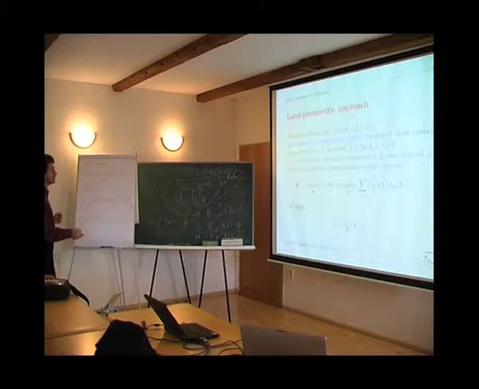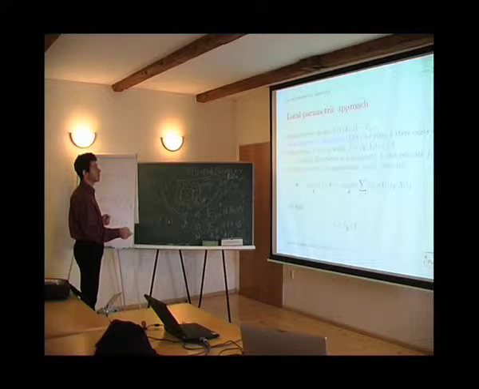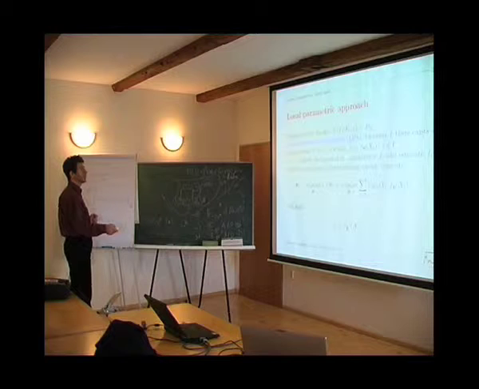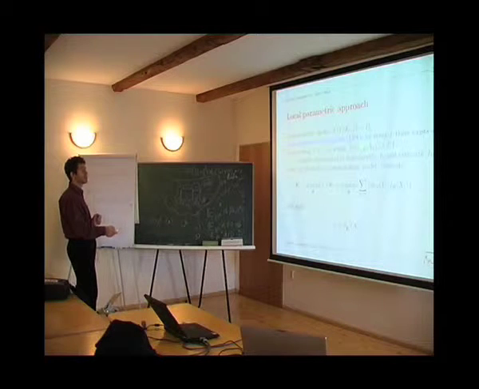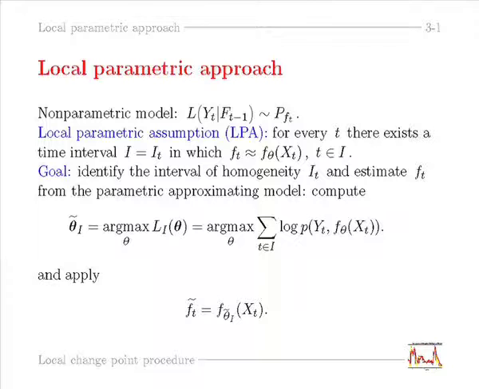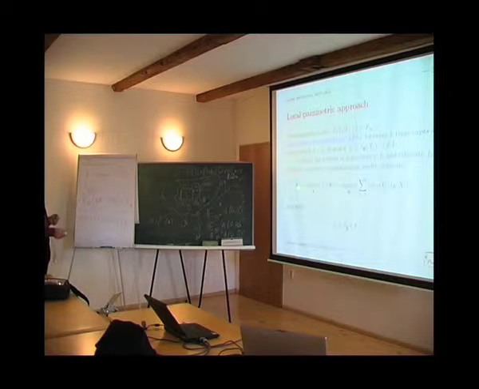So non-parametric modeling, you have just volatility, f_t. Parametric assumption means local parametric assumption. In the interval I, you can approximate the function by some parametric specification. And so, if the interval is given, everything is clear.